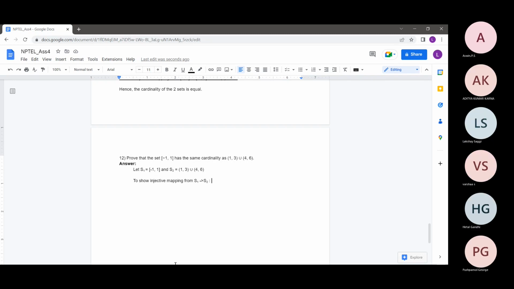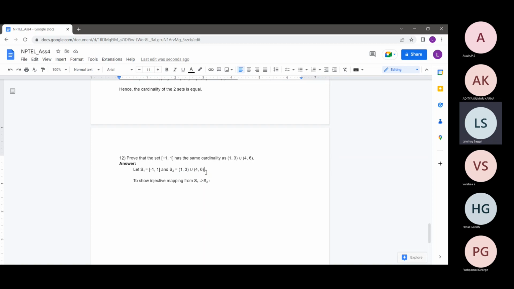So anyone would like to try out an injective function? Basically, we need to find an injective function which maps S1 to this set S2. Since this is an injective function, not a surjective function, it is not necessary to include all the values of this set S2.